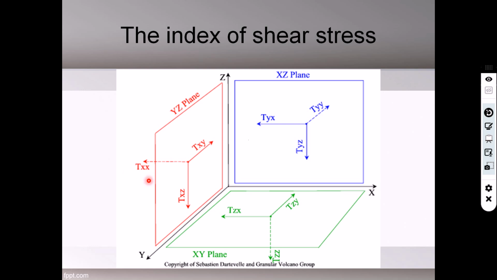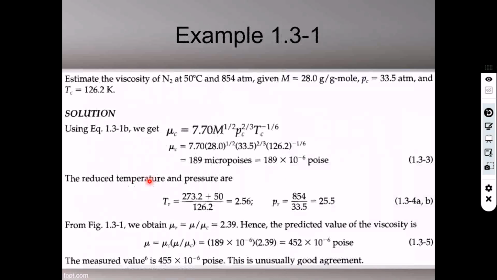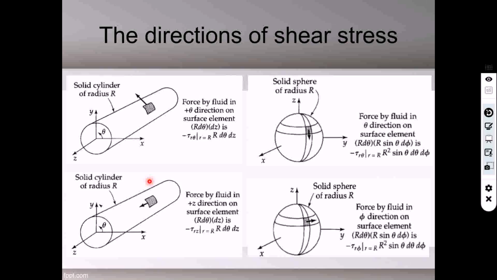This is tau SS, and in this one we know that the first index should be R, right? Because it's perpendicular to R. And second index is in theta direction. Theta goes around. So it's R theta. Alright? And for this one, the first index should be R because it's perpendicular to R direction. But the second index should be Z direction. So tau RZ. Okay?